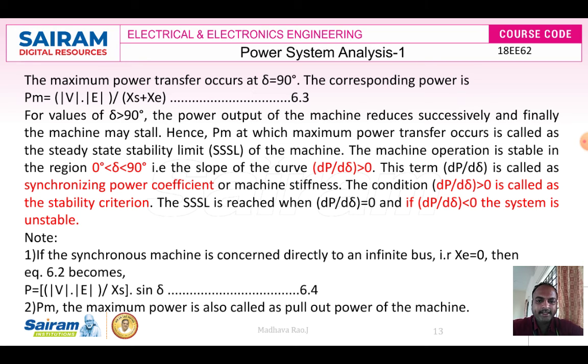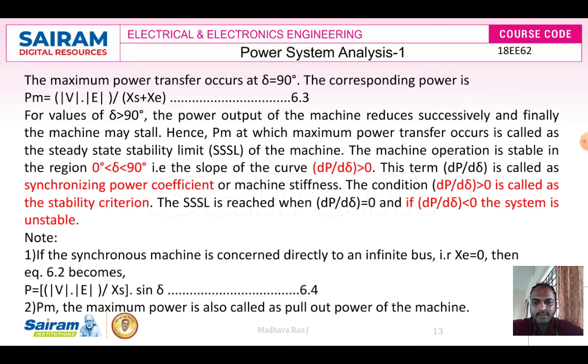dP by d delta is greater than 0. This is called the synchronizing power coefficient, and dP by d delta greater than 0 is called the stability criterion. So here we have different conditions: dP by d delta greater than 0, less than 0, equal to 0.